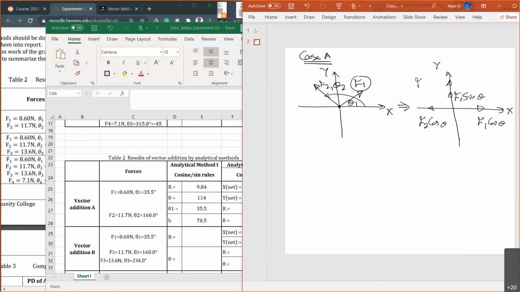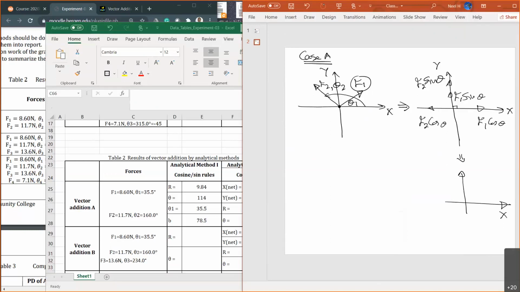Vector F2 has its projection there, F2 cosine theta. Vector F1 has a projection here, F1 sine theta, and vector F2 has a projection there, F2 sine theta. Those are the projections, right? So all the projections are now along the x and y directions.